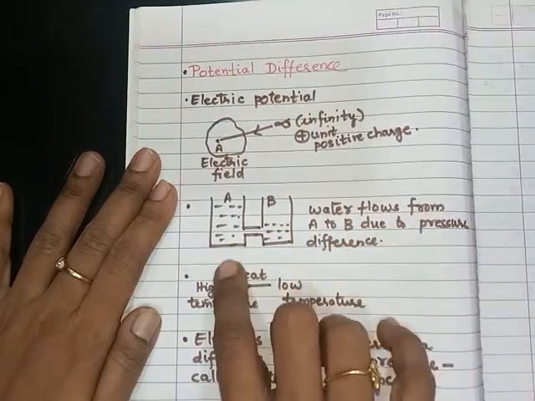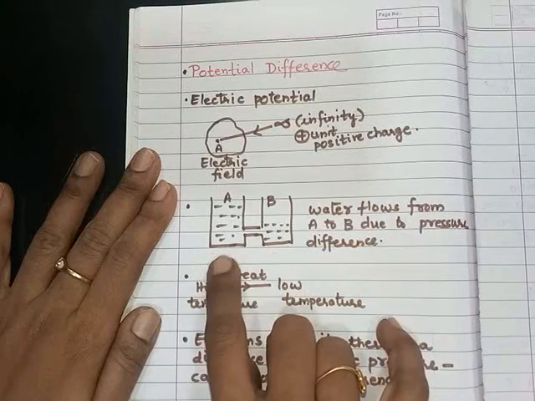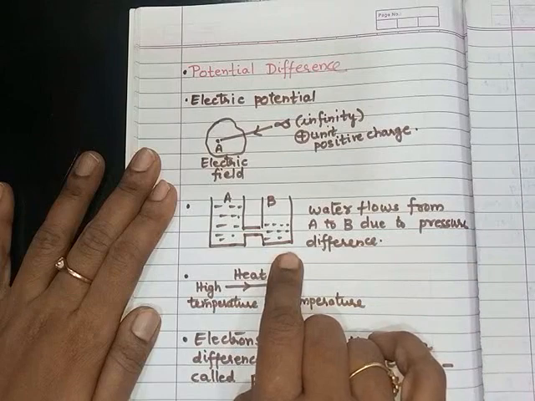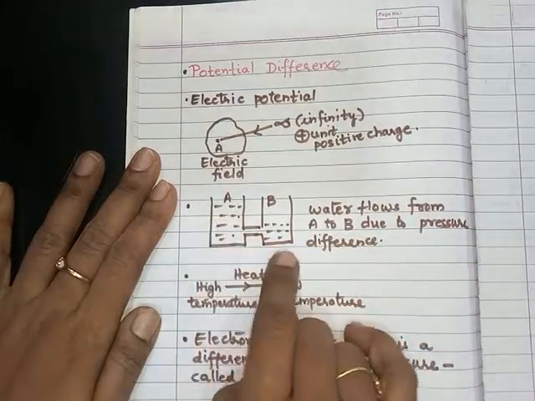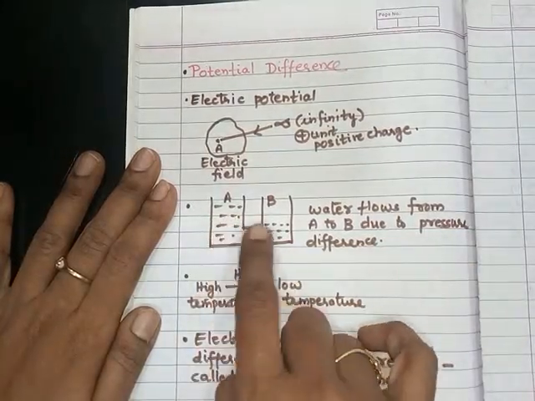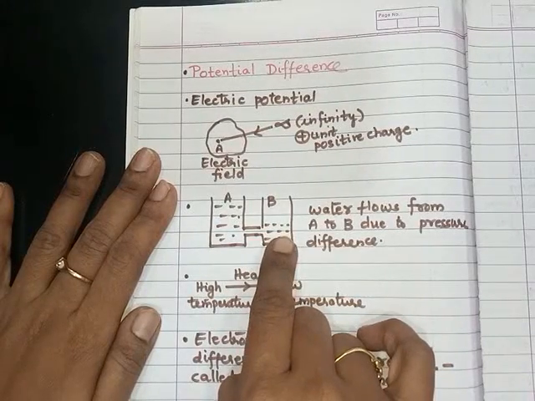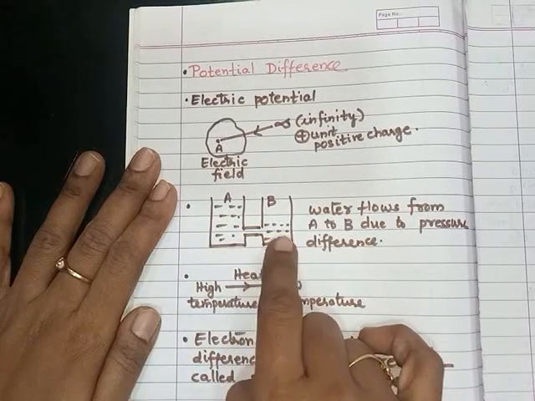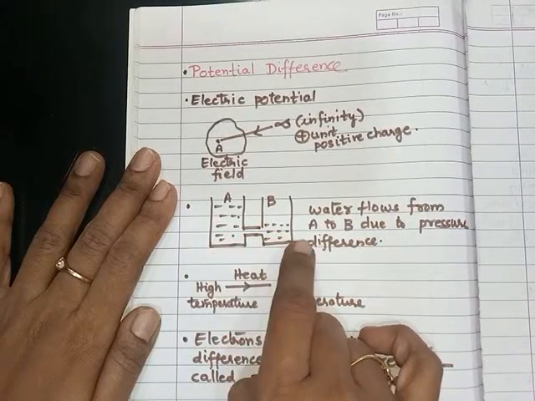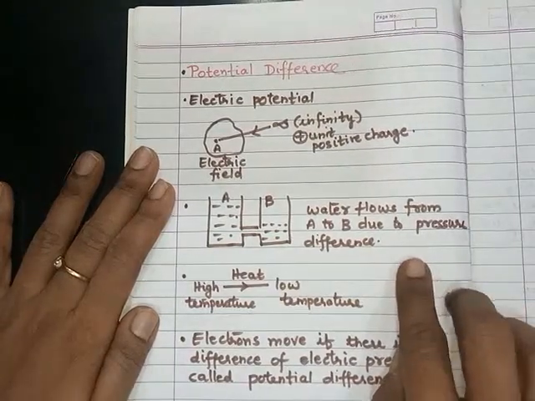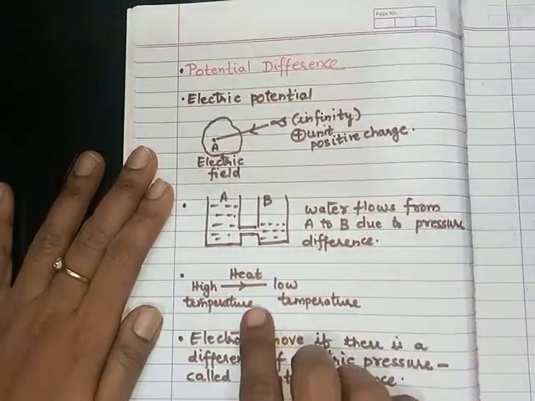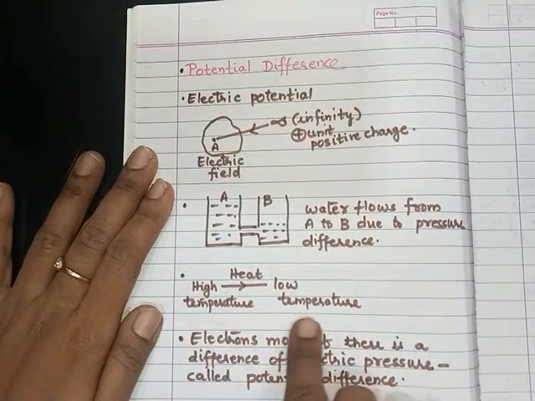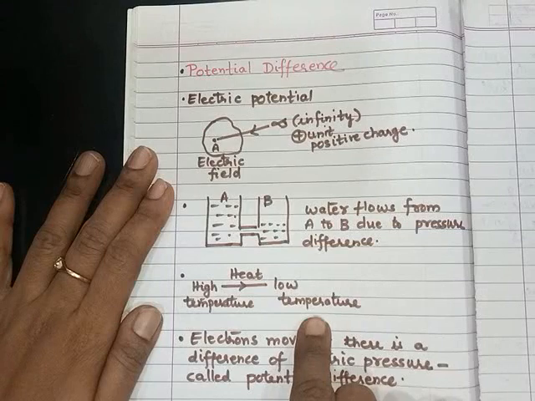Now let us look at this figure. Here I have drawn two tanks and there is water filled in both tanks, but to different levels. Water will flow from tank A to B because of the level difference, which leads to a pressure difference between tank A and B. Similarly, heat always flows from a body at a higher temperature to a body at a lower temperature.